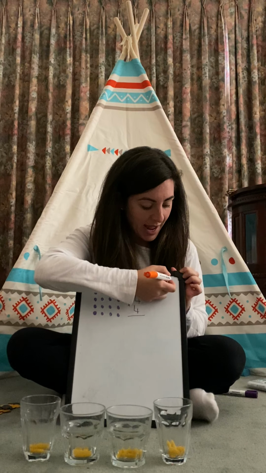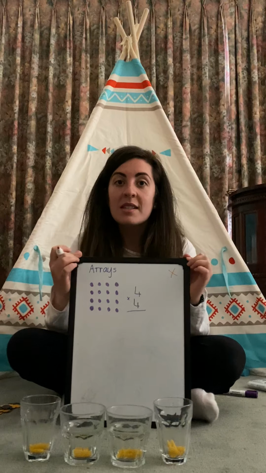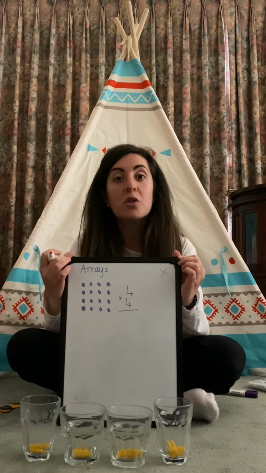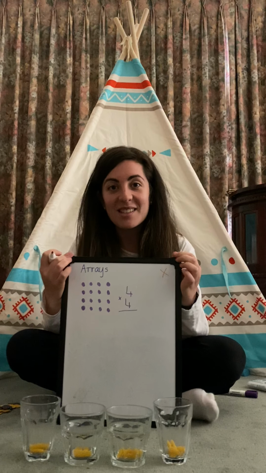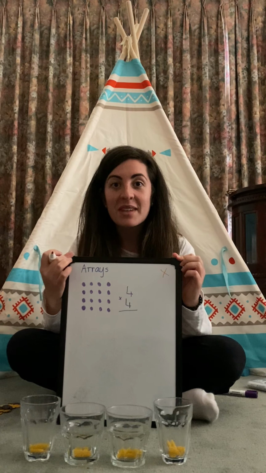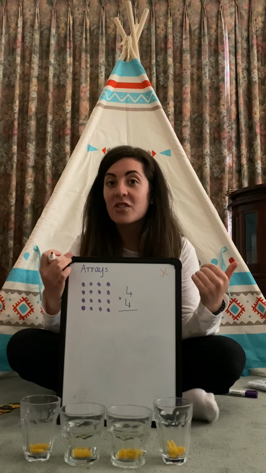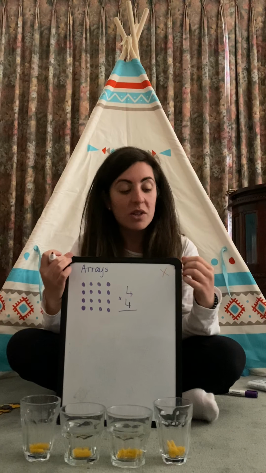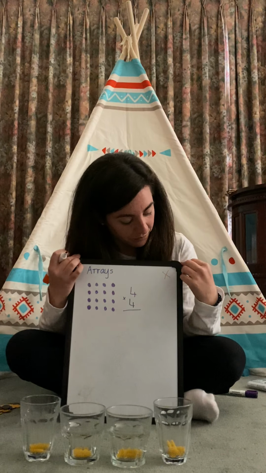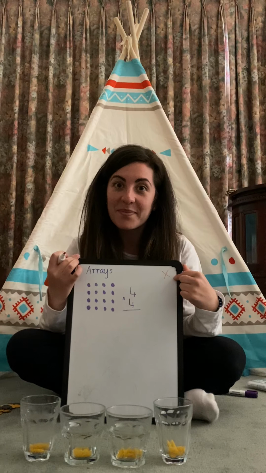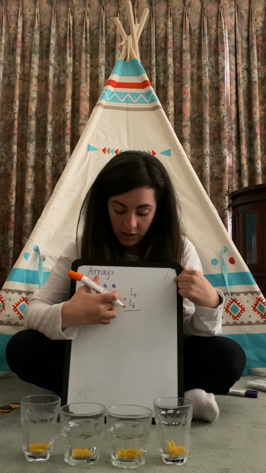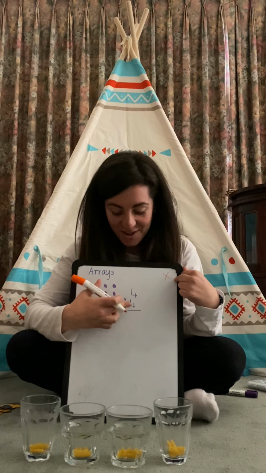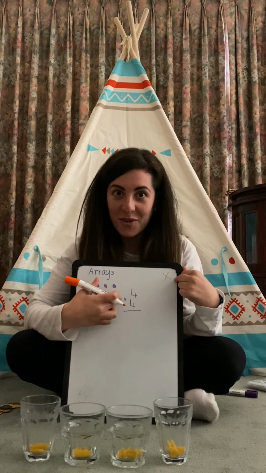So if you are an adult watching this, we actually have been taught not to use the word times because times doesn't mean anything. Time for us is what is the time. So we don't use the word times. It doesn't relate to multiplication. We use the word multiply or groups of. And it looks like an X. 4 times, oh, I just did it again. 4 groups of 4.